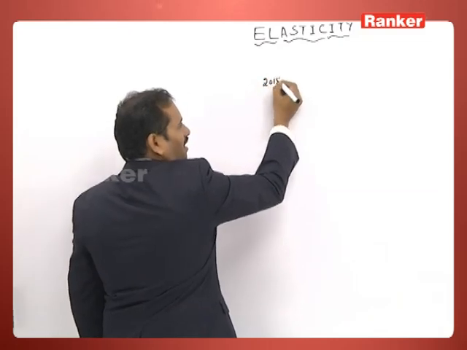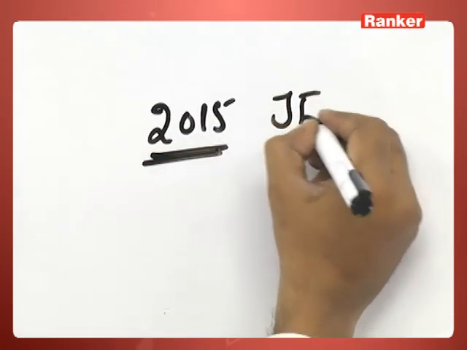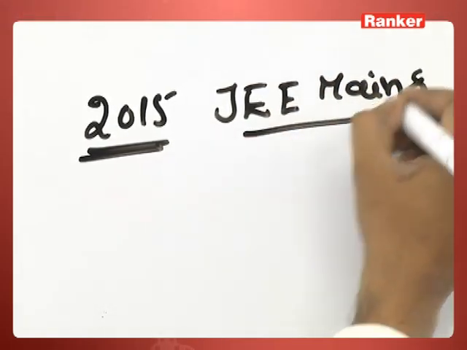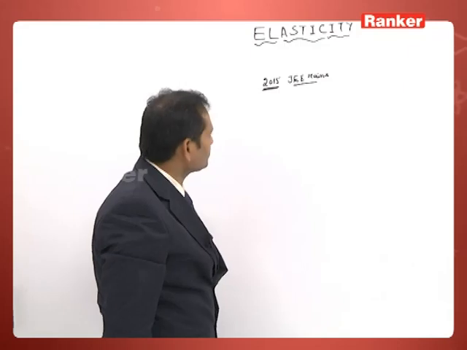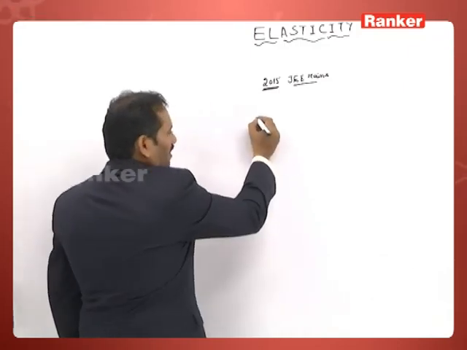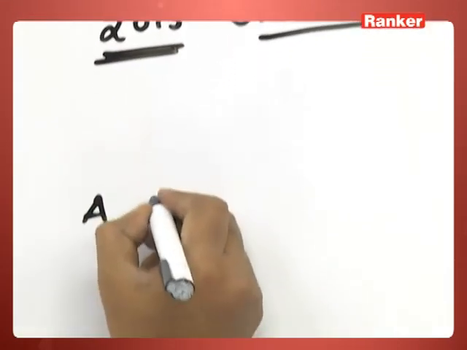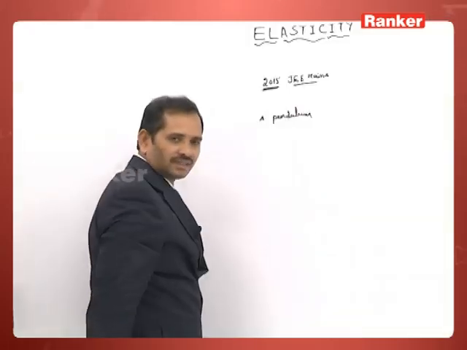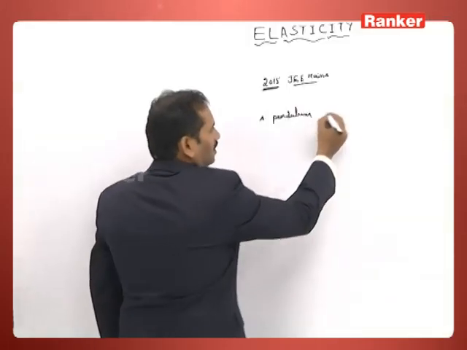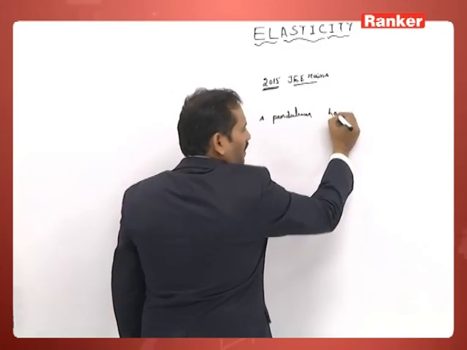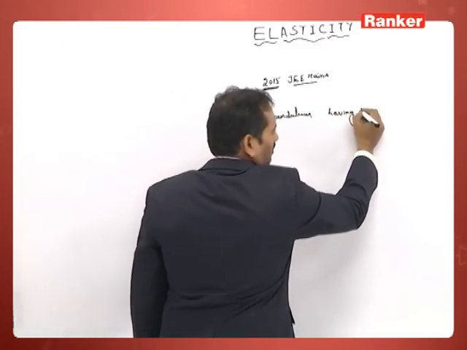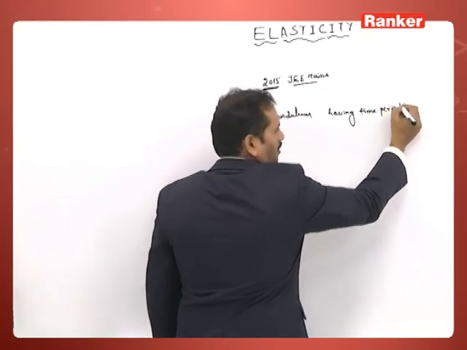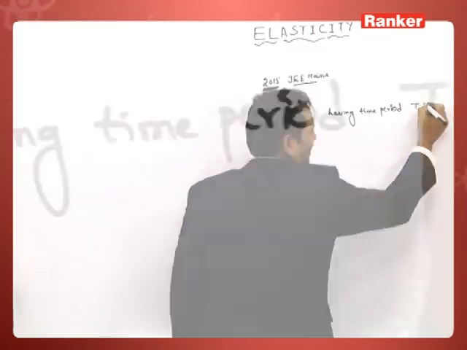The 2015 JEE Mains question is given like this, a tricky way of constructing the question. A pendulum having time period T1 seconds.